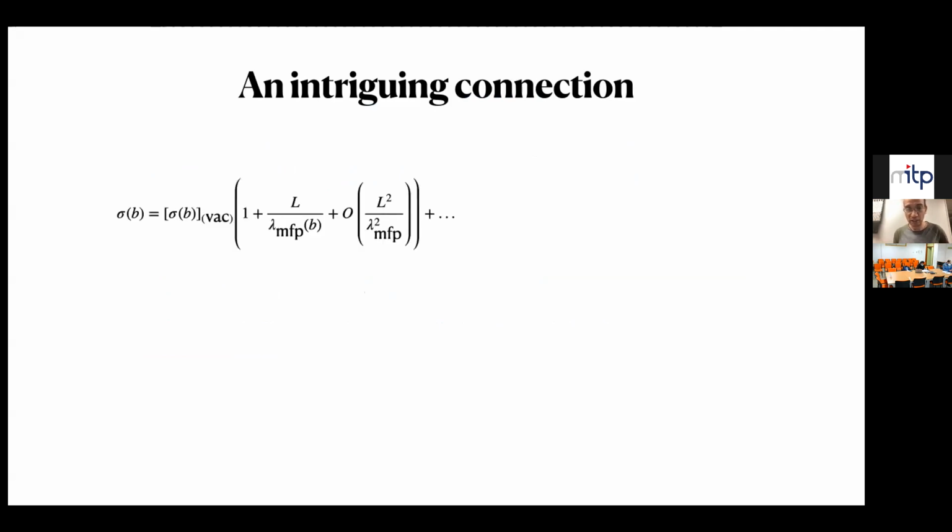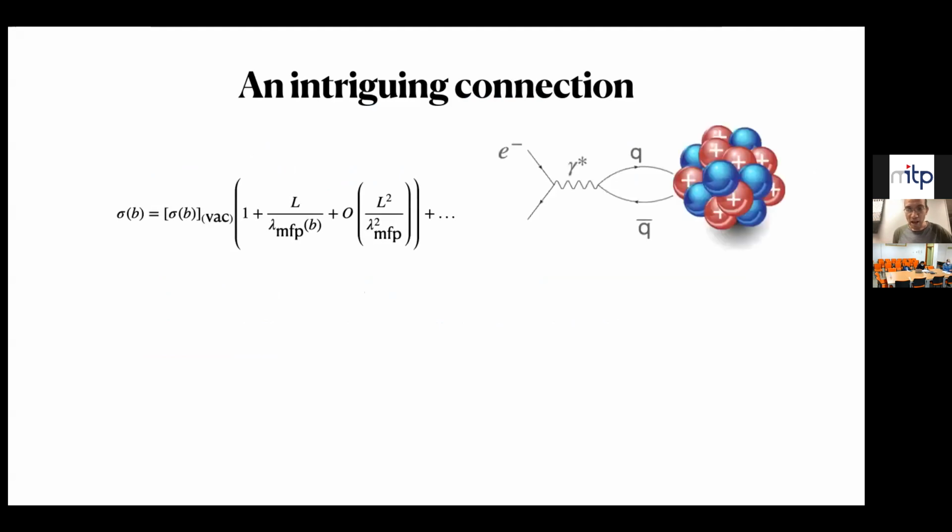So let's look at this formula again. And for those who are not familiar, by small x physics I mean DIS at small x, in which I'm again probing a large nucleus with an electron, but at very, very small Bjorken x. So that's the small x or saturation physics regime.